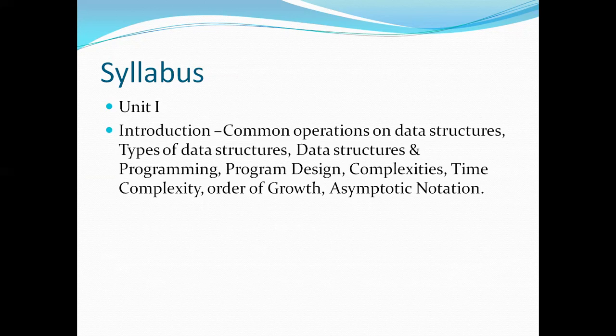And order of growth, that is, how the complexities can be represented in a graph or growth chart, and different asymptotic notations: for the worst case, big O notation; for the average case, theta notation; for the best case, omega notation. These notations are called asymptotic notations. So in the first unit, common operations, program design introduction, different complexities and asymptotic notations will be covered.